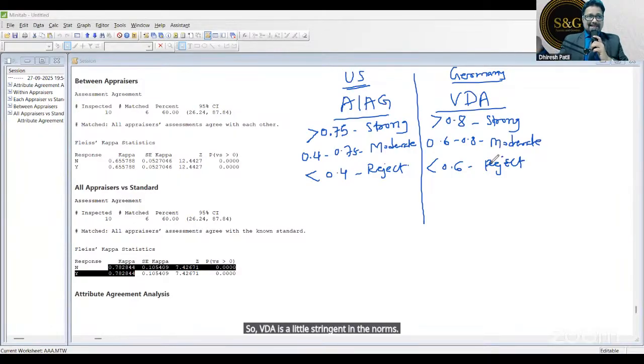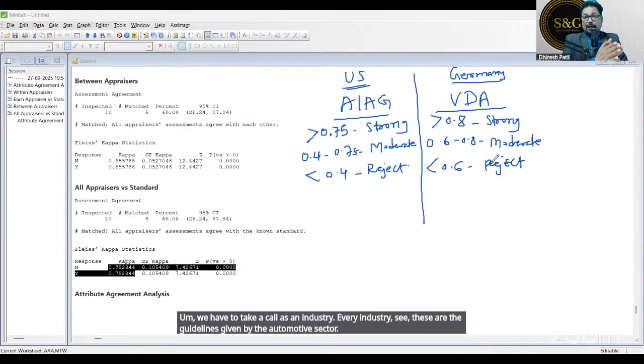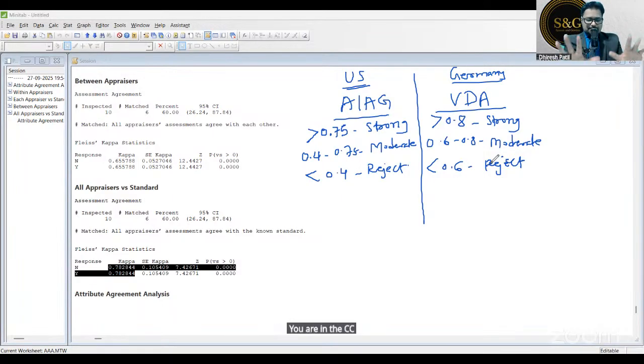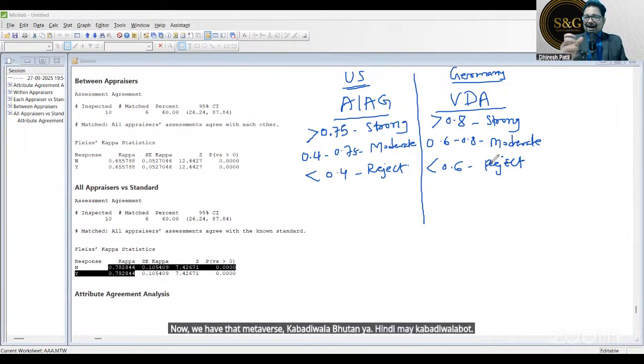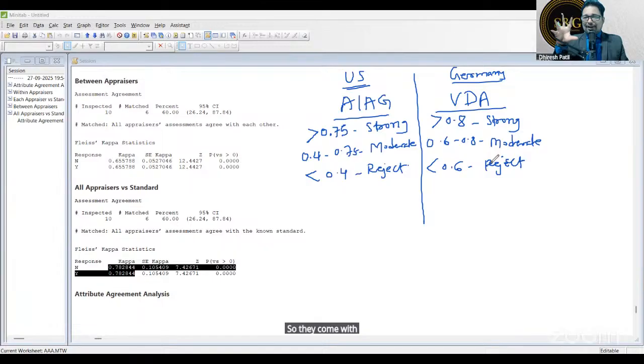Now, understand this. We have to take a call as an industry. These are the guidelines given by the automotive sector. Let's make it very simple. If you are a metal scrap collector, the kabadi wala as we say in Hindi, they come with a very old weighing scale.